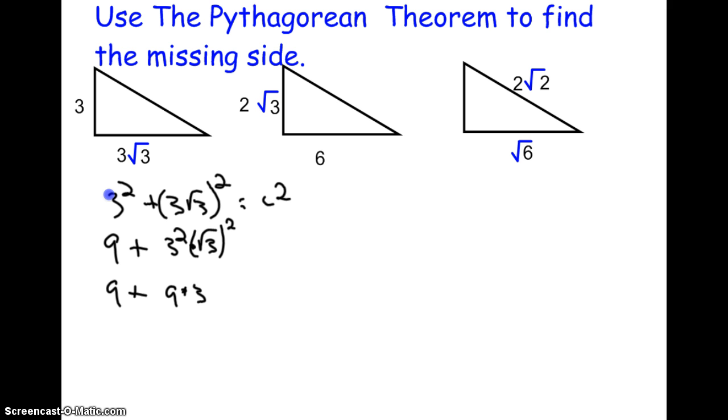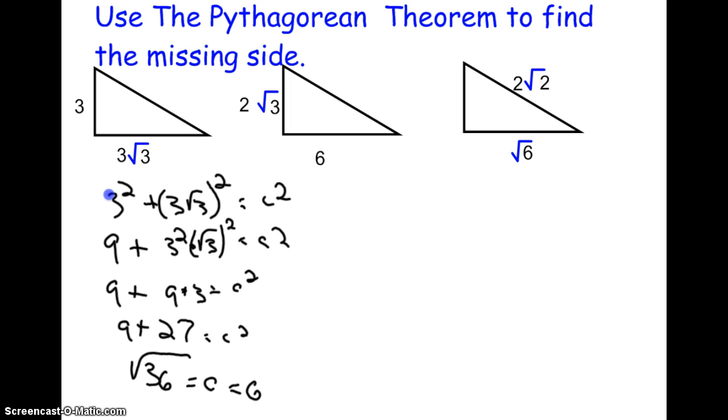Well, 9 times 3 is 27. So we got 9 plus 27. 9 plus 27 is 36. These are all equal to c squared. So at this point, c is equal to the square root of 36, which is 6. So that hypotenuse is going to be 6.